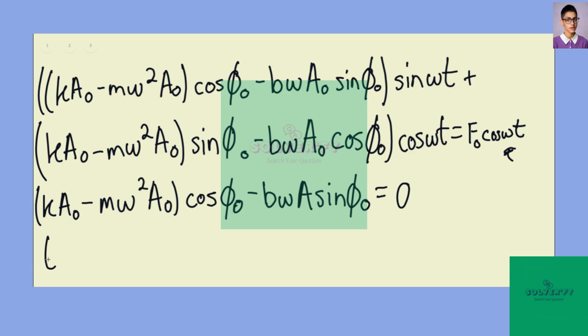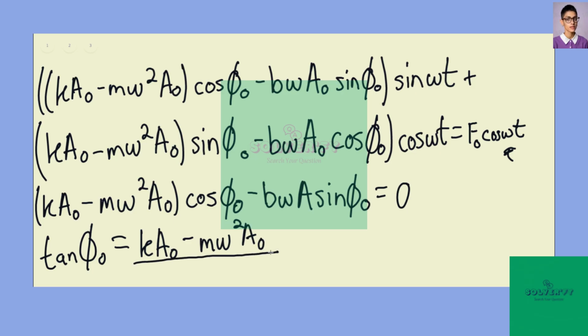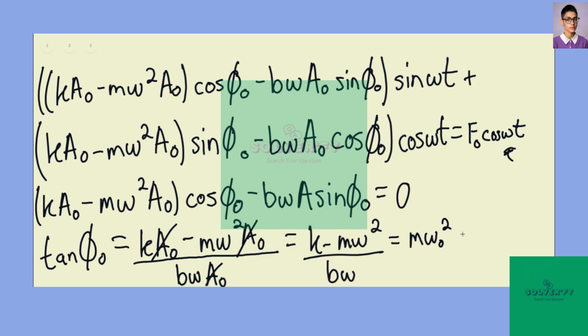And so we can say that tangent of phi is going to equal k minus m omega squared A naught divided by b omega A naught. These cancel out. And so this is going to equal k minus m omega squared over b omega. And this will be divided by b times omega.